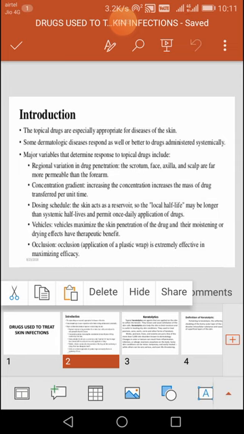Then vehicles. Vehicle is the medium through which it gets absorbed. The vehicle maximizes the skin permeability or penetration of the drug, and their moisturizing and drying effects have therapeutic benefits. Then occlusion. Occlusion is nothing but application of a plastic wrap, and it increases the effective absorption and maximizes the efficacy of the drug.